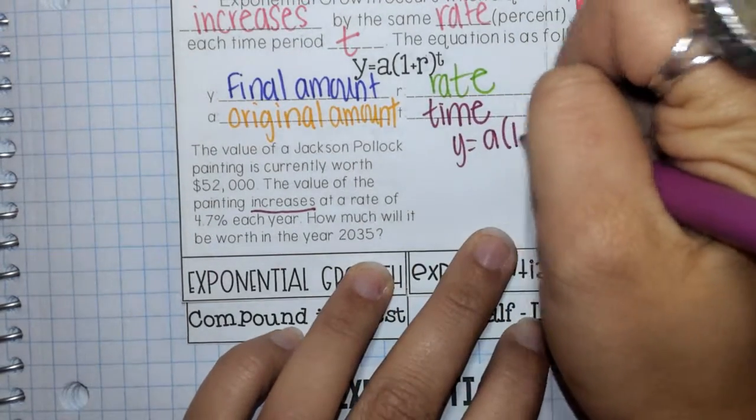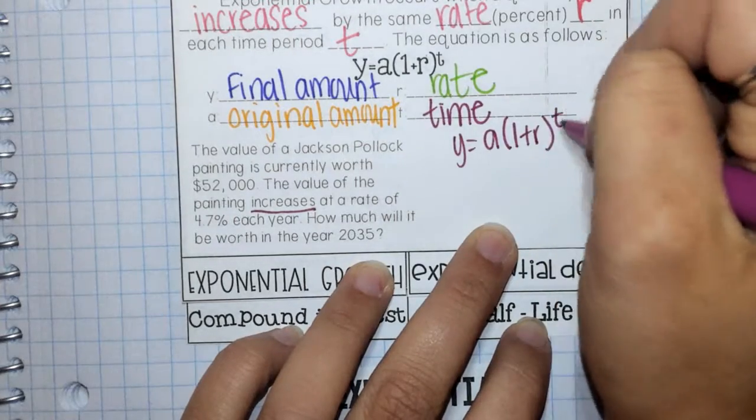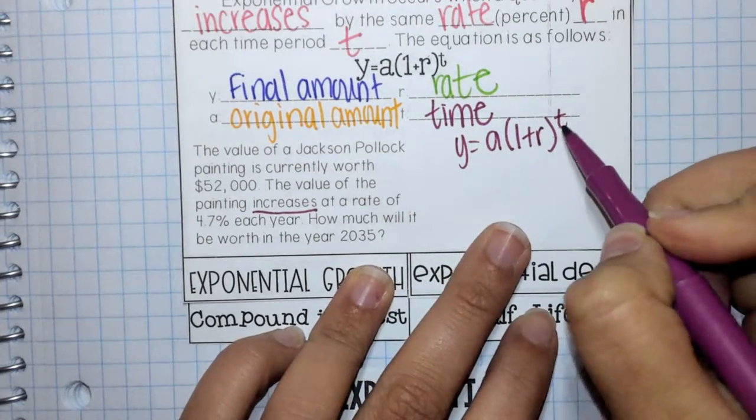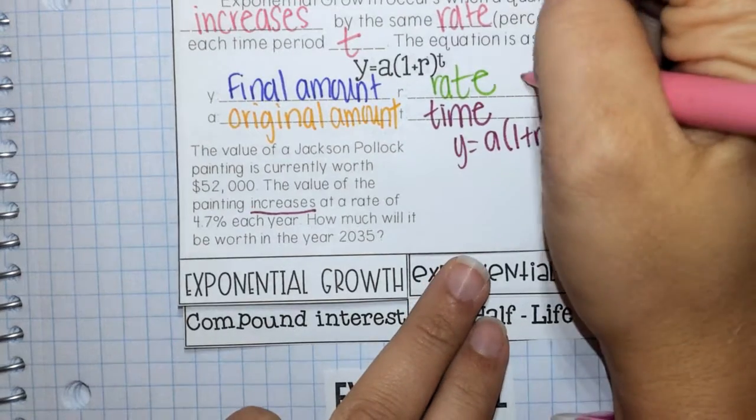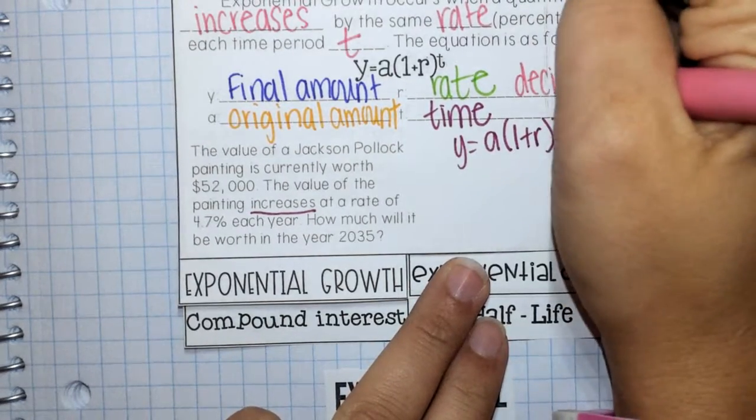So we're going to start by plugging it into our growth formula. A times 1 plus R to the T power. Please curve your T up here. Curve the bottom of it so you don't think it's a plus sign. Now, when we plug in our rate, when we plug in our percent, we turn it into a decimal.